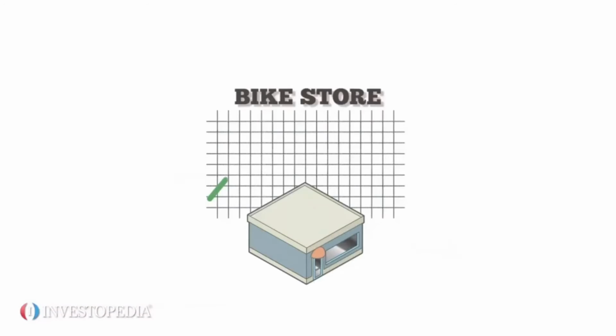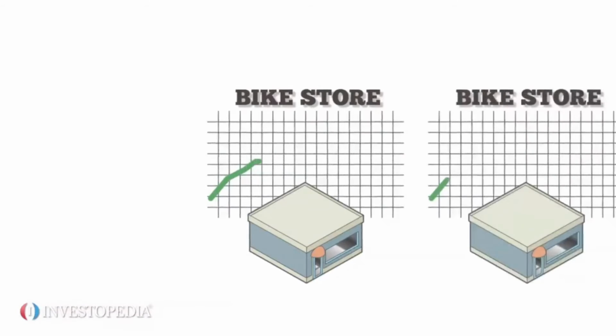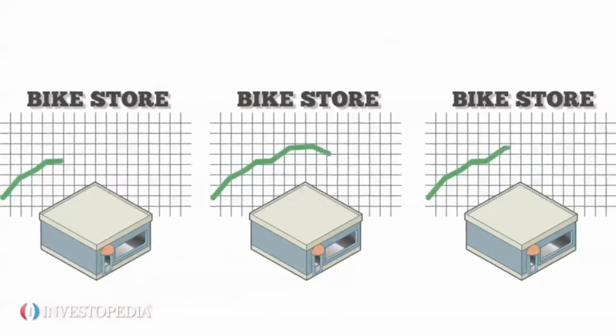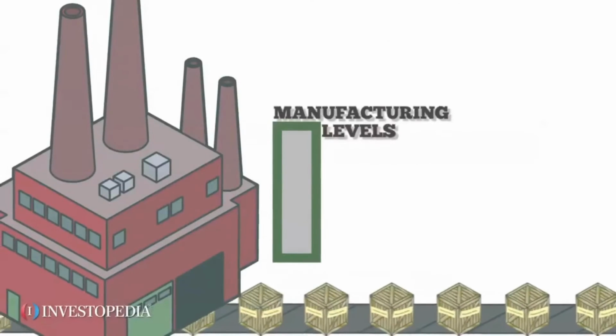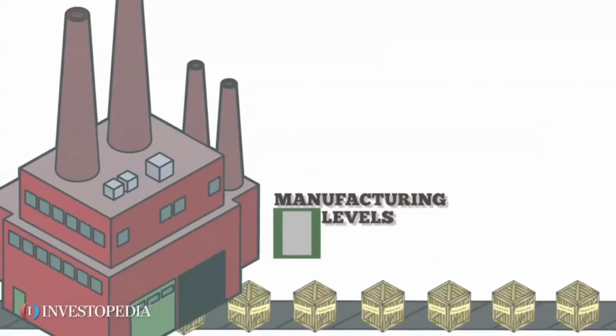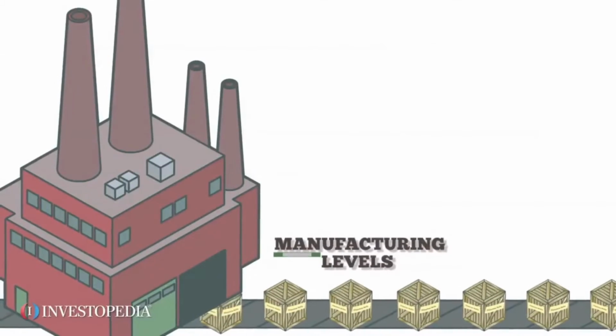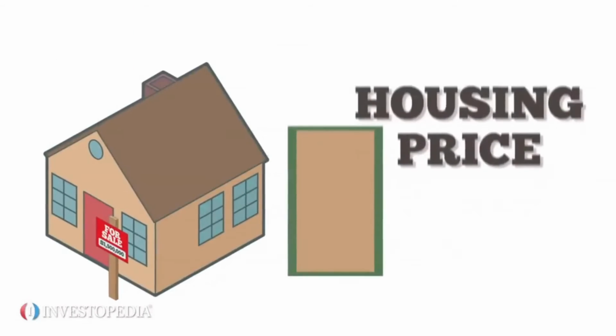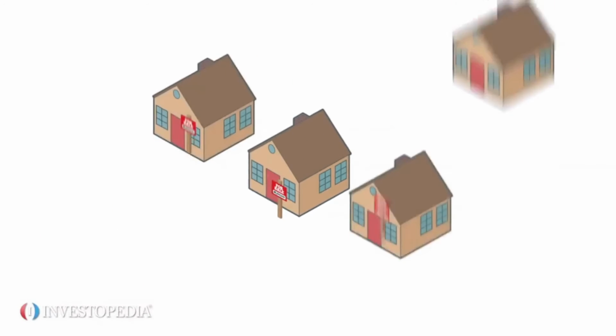On a smaller level, the performance of one company's stock could indicate how other stocks from the same industry are about to perform. Manufacturing levels may indicate what shape the economy is in. If fewer goods are being made, there may be less demand for those goods, which could mean the economy is about to slump. Or an increase in housing prices may mean demand is exceeding supply.